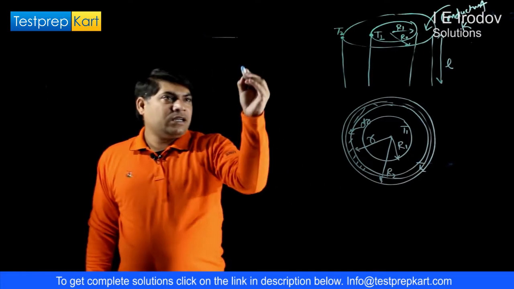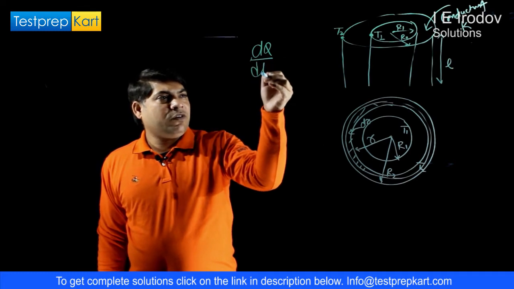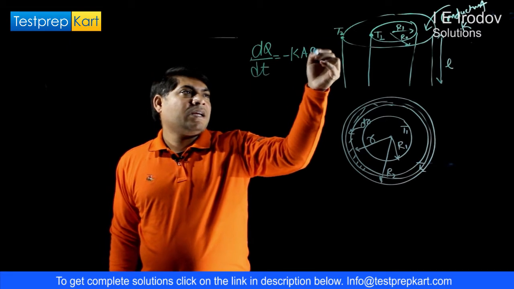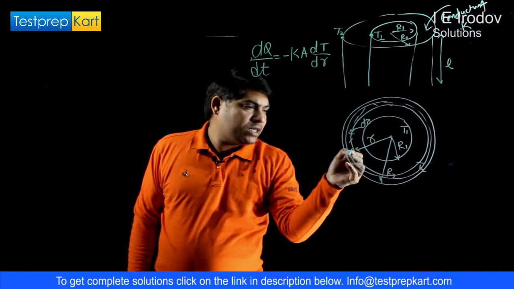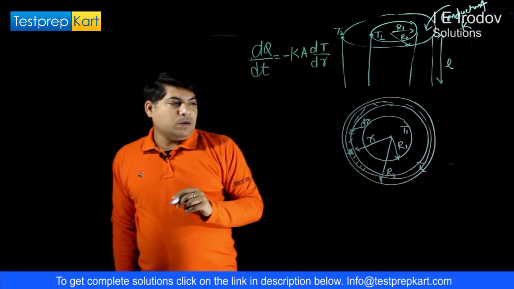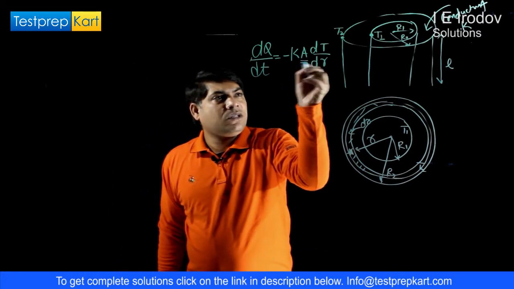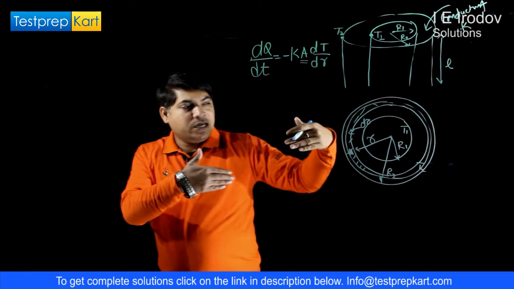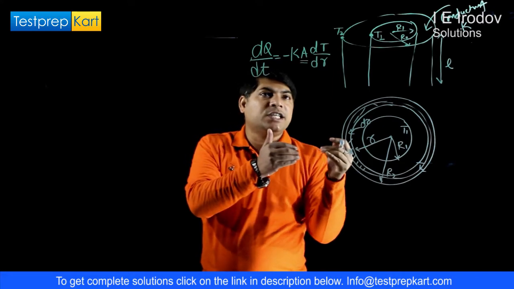So we can write the expression for heat conduction: the rate of heat flow dQ over dt is equal to minus K A dT over dr, because in this case the width is dr. Because there is variation in r, we need to put the expression for the area, because as we move further, the cross-sectional area for the heat flow would change.